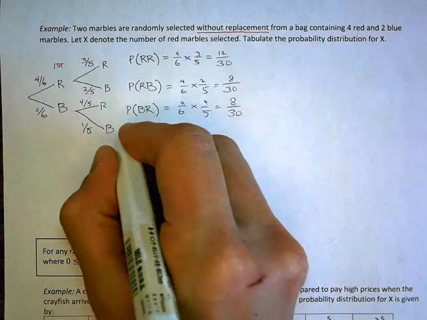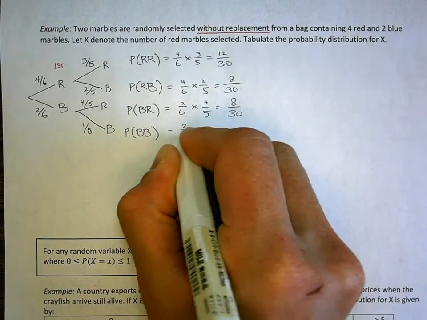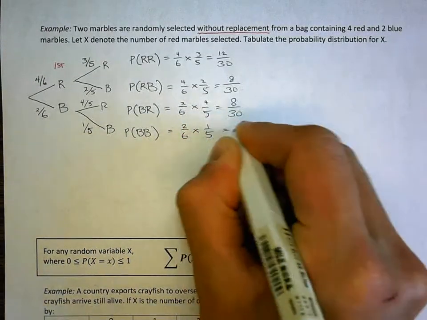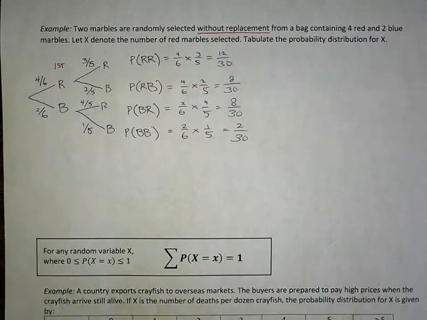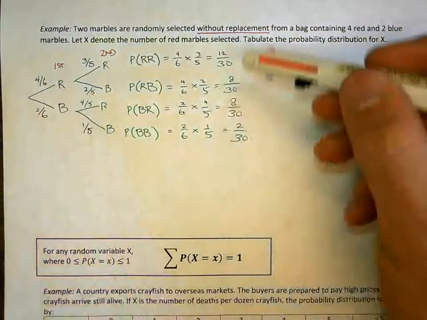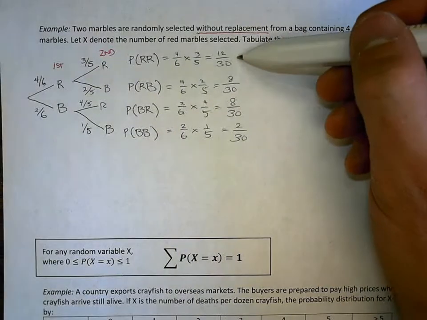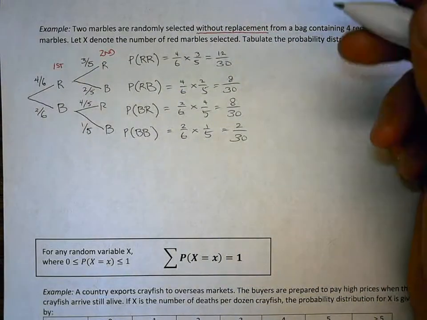And finally, the probability of blue-blue, which is 2 out of 6 times 1 out of 5, which is 2 out of 30. Sorry, I should write second here. These are all my probabilities. It should be no surprise that all of these probabilities add up to 1. Because this is all my different options.